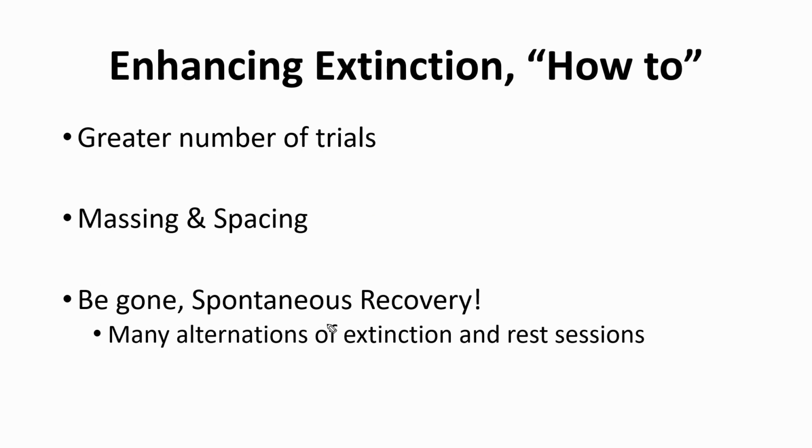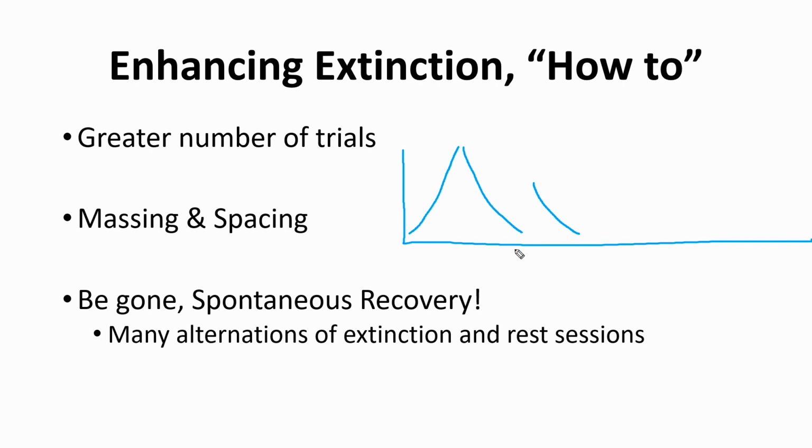Okay, and then that brings us nicely to our last stage, where many alternations of extinction and rest sessions can get rid of spontaneous recovery. So if we have our graph like this, with our acquisition, and then our extinction, and then we see spontaneous recovery, we saw that if we do another delay, another gap here, and do another exposure, then we see a little bit more spontaneous recovery, but it's not as intense as the first time.